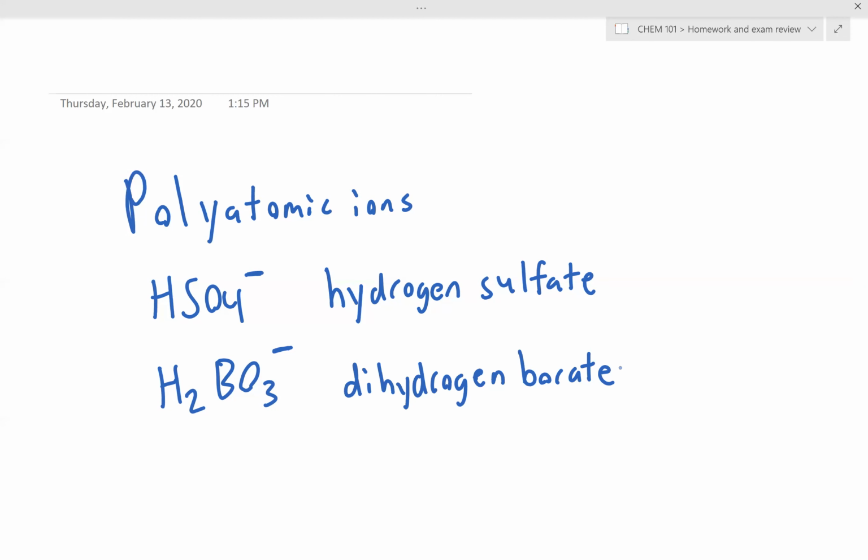Okay, so again, you specify the number of hydrogens with the prefix. You write hydrogen in front, since it's a hydrogen-containing polyatomic ion, and then you write the name of your polyatomic ion.